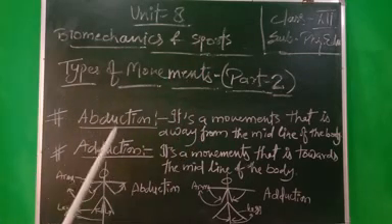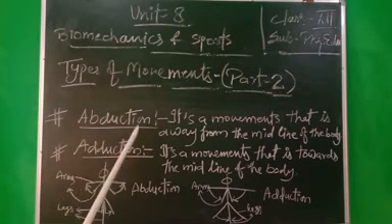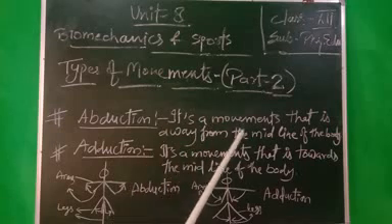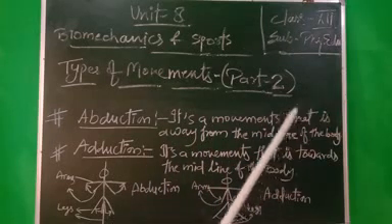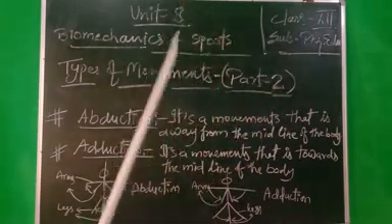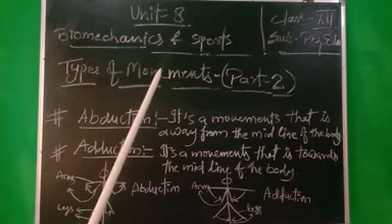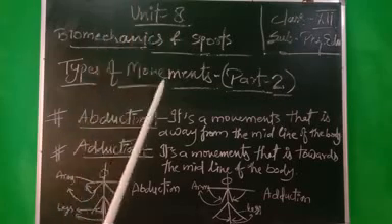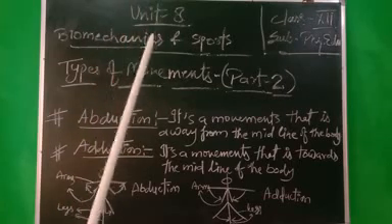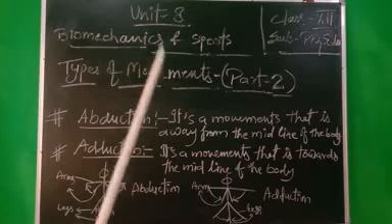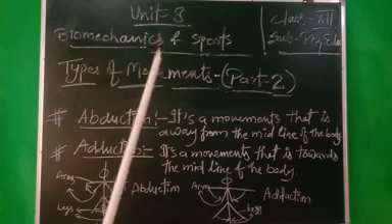Now we will take at first abduction movement of the body. It is a movement that is away from the midline of the body. It means moving a body part away from the midline, for example, lifting the upper limbs horizontally to form a right angle with the side of the body.